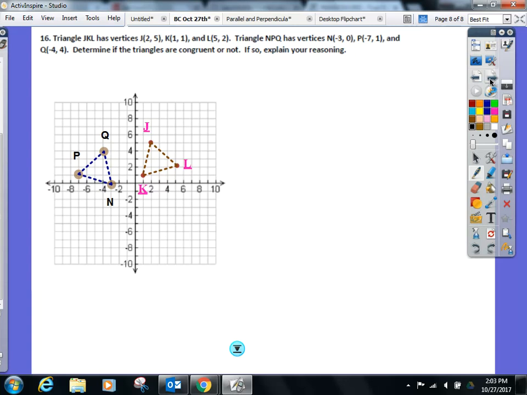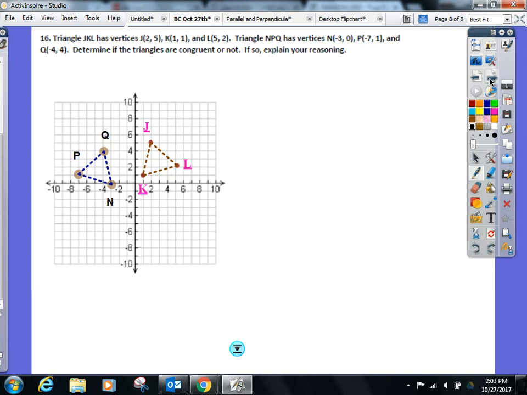Okay? And I will just let you know right now, I believe they come out to be, I don't want to get the sides wrong. I know it's radical 17s and 18s. There we go. QN is radical 17. PN is radical 17. I'm only giving you this because I know you're in honors. You can do it yourself. I have faith. PQ is radical 18.